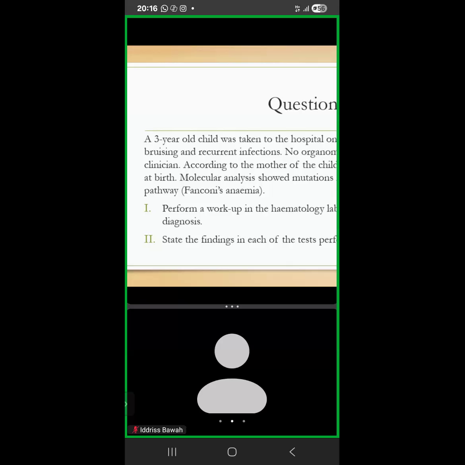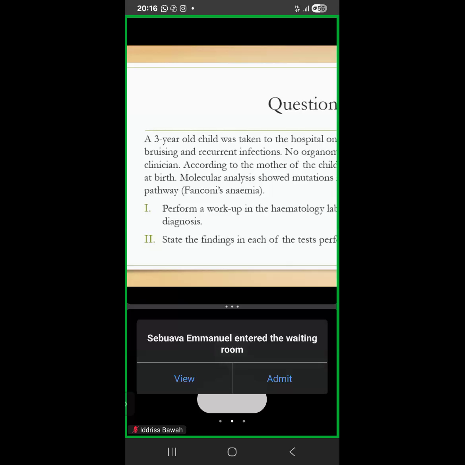Having looked at this, we were told something in the scenario: Fanconi's anemia. Mutations in the genes involved in the FA pathway, that's the Fanconi anemia pathway.